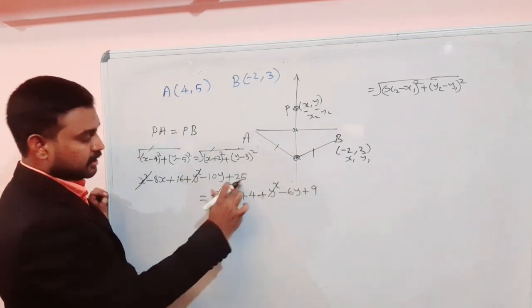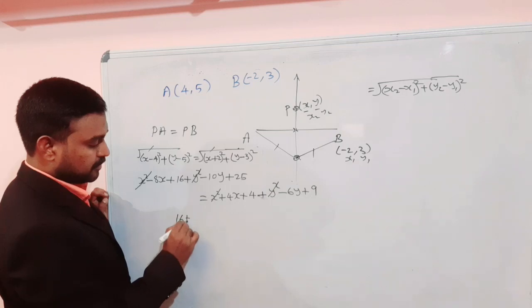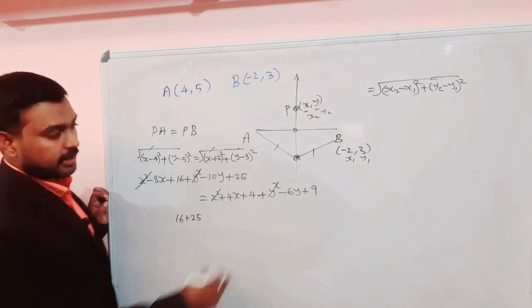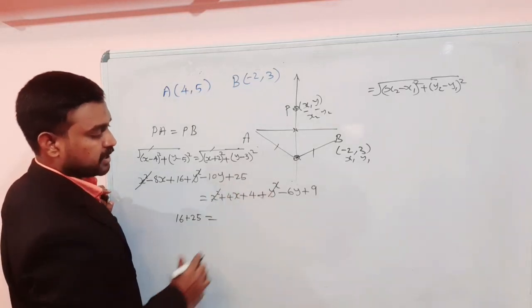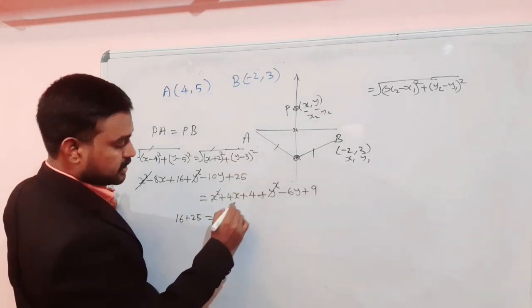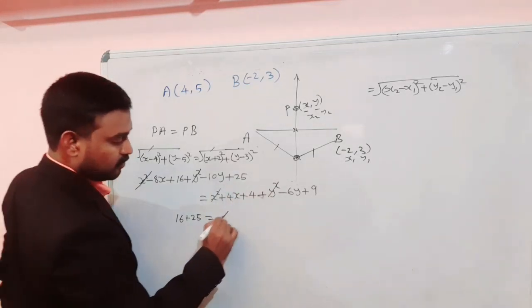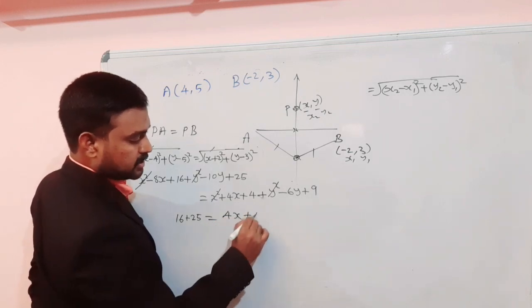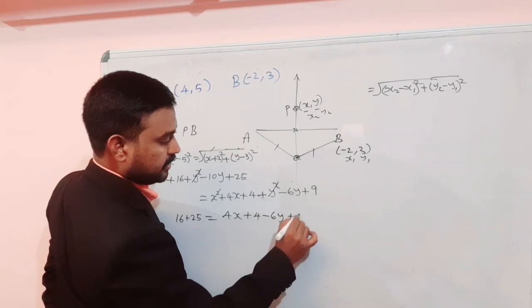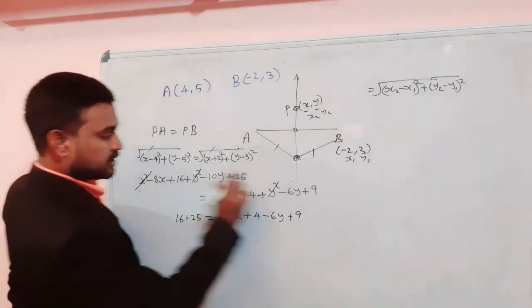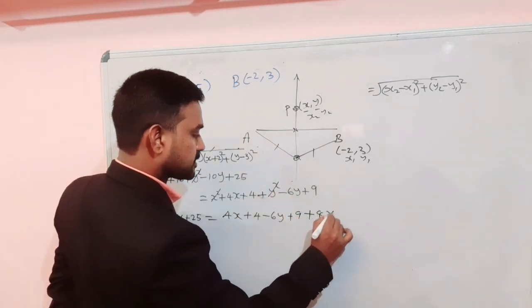Here 16 and 25 are alone, so 16 plus 25 on one side. Before that we can write the right side: 4x plus 4 and minus 6y plus 9. Now this minus 8x transposed to the right side will be plus 8x.